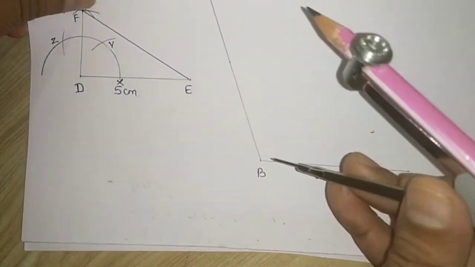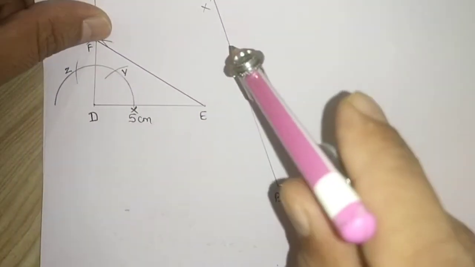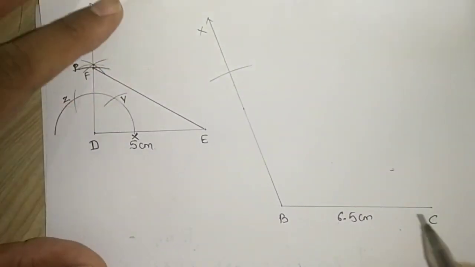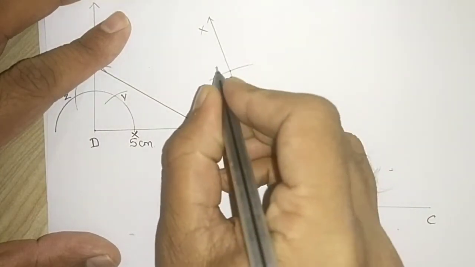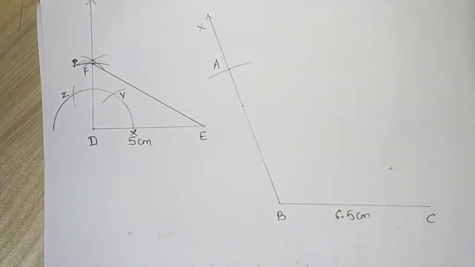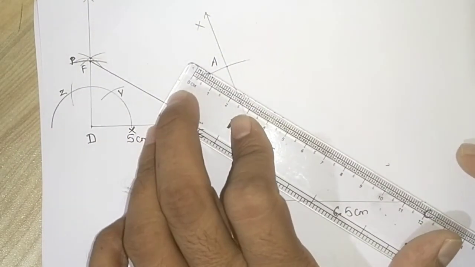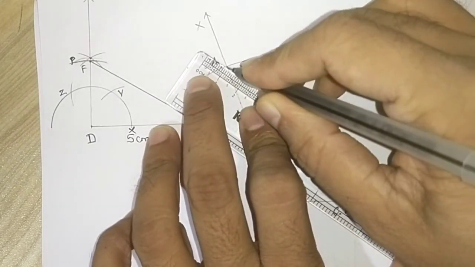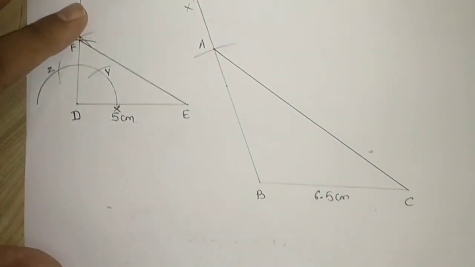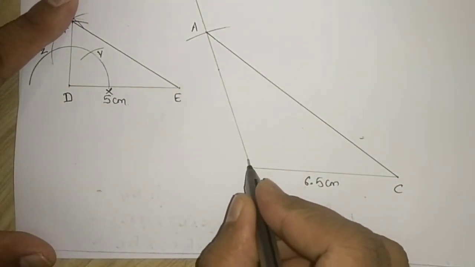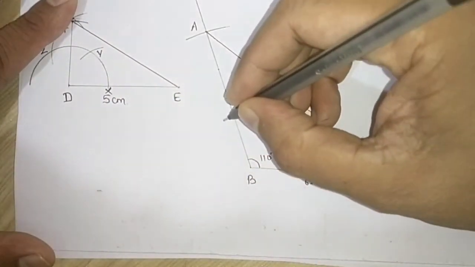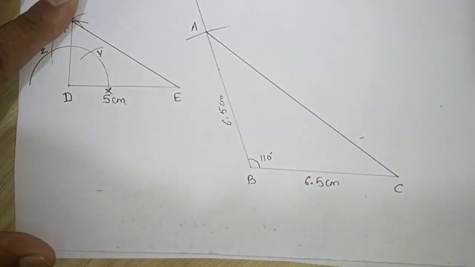Now place the needle on B, and cut one arc on BX. Name that intersection point as A. Join AC. That will be our triangle ABC of 110 degree, and two sides equal to 6.5 centimeter each.